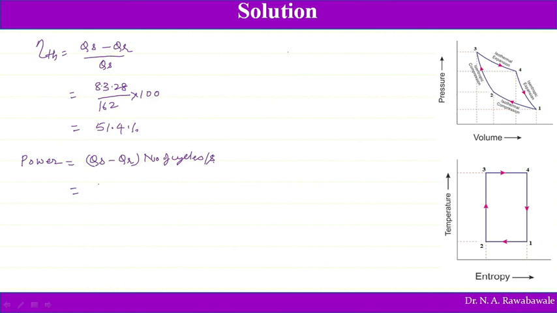QS minus QR we know, which is 83.28. The number of cycles is 200 per minute, divided by 60 to give us per second. So on simplification, this gives us 277.6 kilowatt as the power generated.